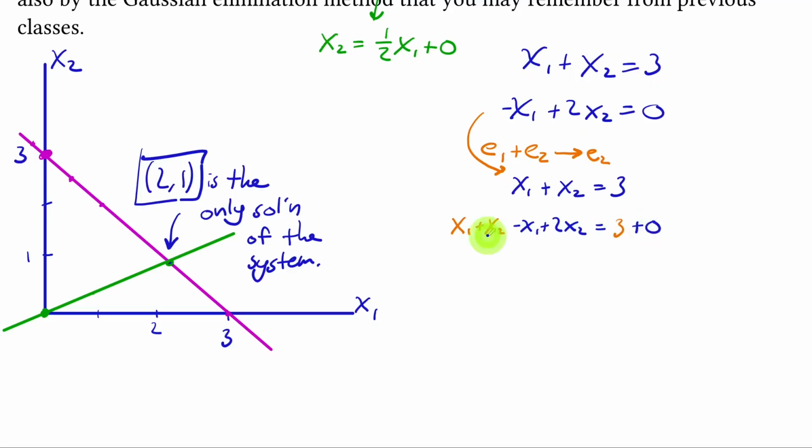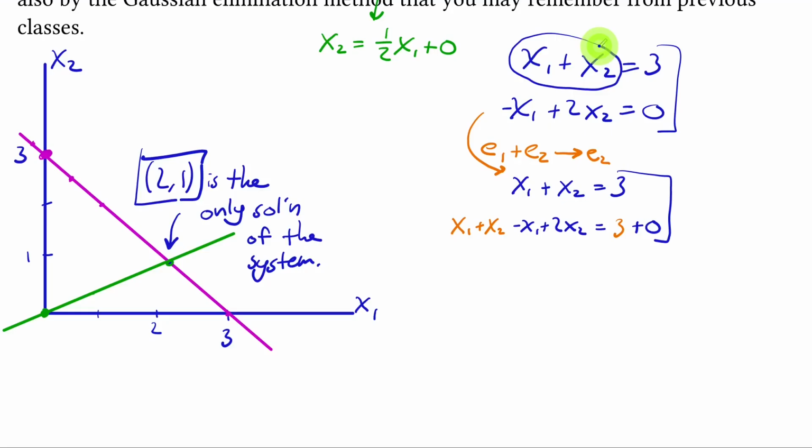Let's just think really briefly about why this is okay. Why is this system equivalent to the system we started with? Well, if you had a solution of the original system, that means you have a value of x1 and x2 that makes x1 plus x2 equal to 3.